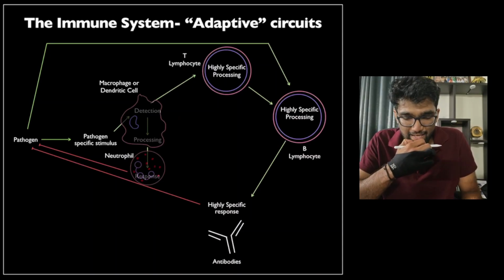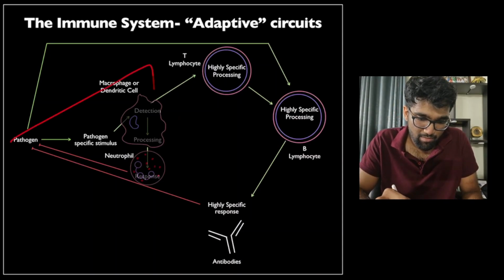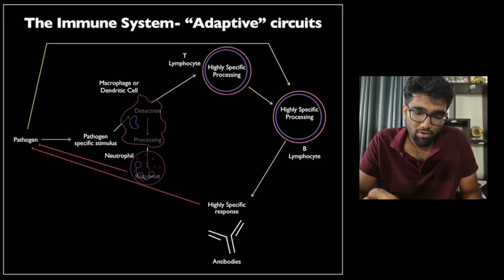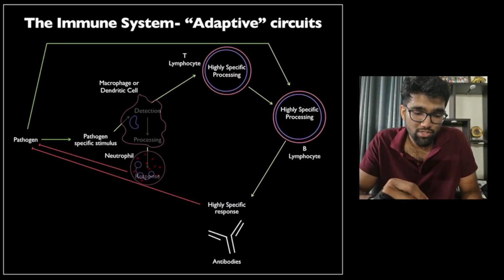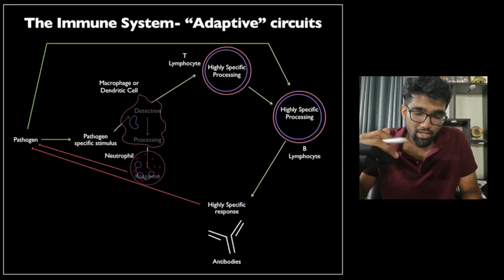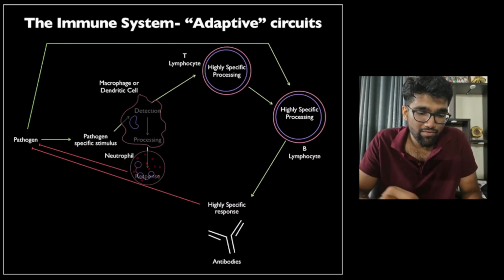Okay, so again, the circuit is not particularly complicated. There is a basic similarity to the second circuit that we discussed, but on top of that, because the initial innate immune response was unable to control the influx of the pathogen, that resulted in subsequent activation of T cells, specifically helper T cells, and direct activation of B lymphocytes, resulting in antibody production.